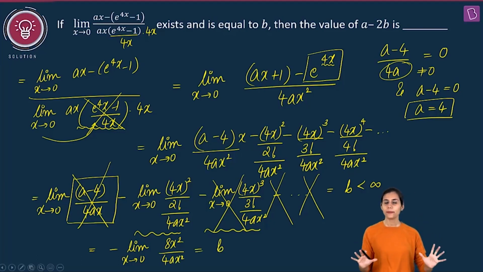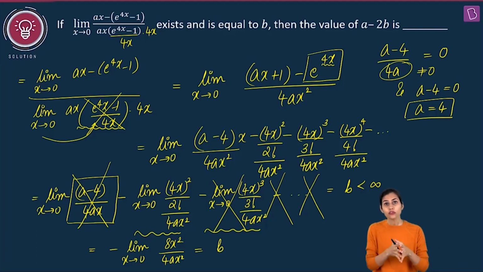So did you realize what happened? The first term was giving us a positive power of x in the denominator, which was problematic because that term was giving the limiting value as infinity. But my final answer was a finite quantity. So I made that term vanish, and to do that, I had to keep all the terms independent of x as 0. Then only it will vanish, right? And that gave me the value of a as 4.